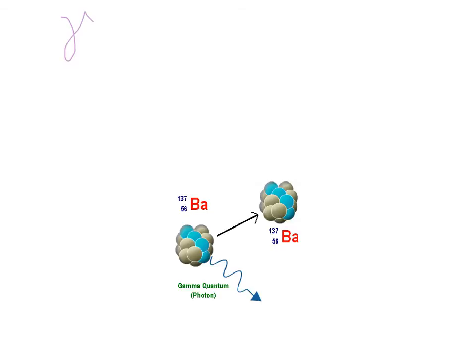In other words, it's got too much energy. Okay, so it needs to get rid of some energy. So to do that, it emits this gamma wave, which is just an electromagnetic wave. So the nucleus, in terms of the number of protons and neutrons, does not change. It goes from one with lots of energy to one with a bit less energy to make it stable.